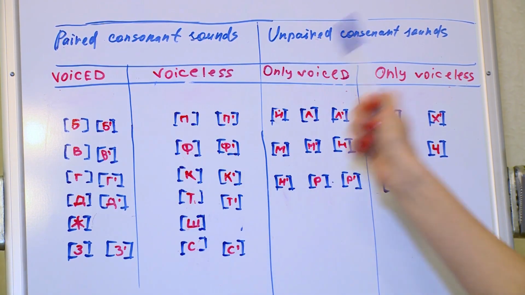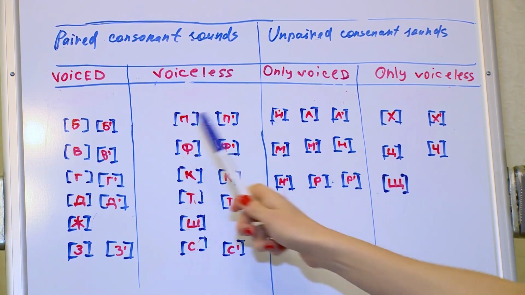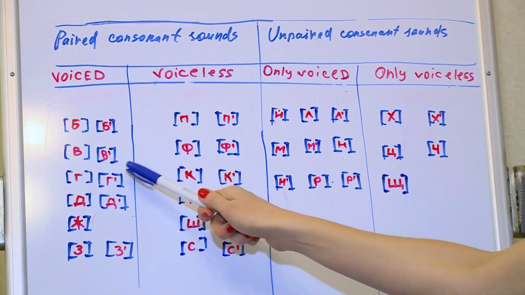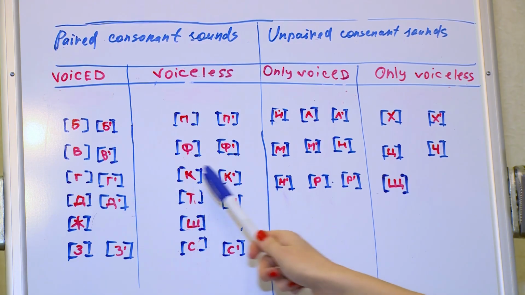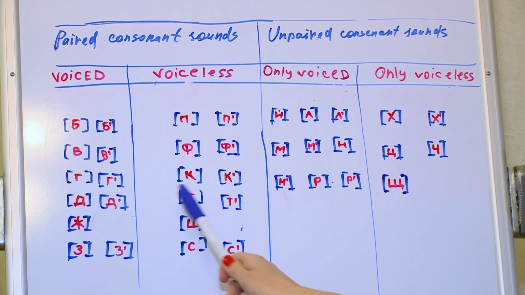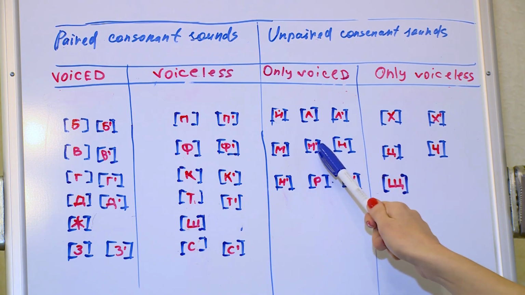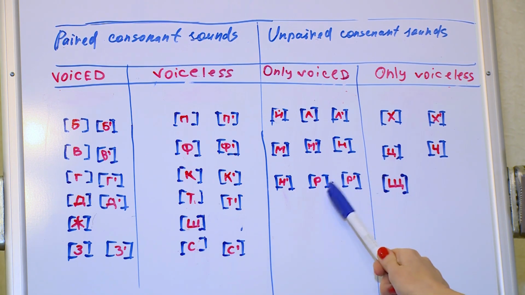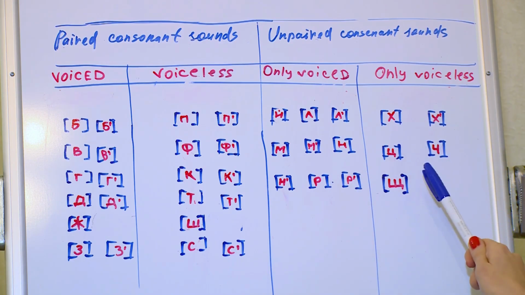So, voiced and voiceless: B, P; V, F; G, K; D, T; Ž, Š; Z, S; L, M, N, R; H, C, Ch, Sh.